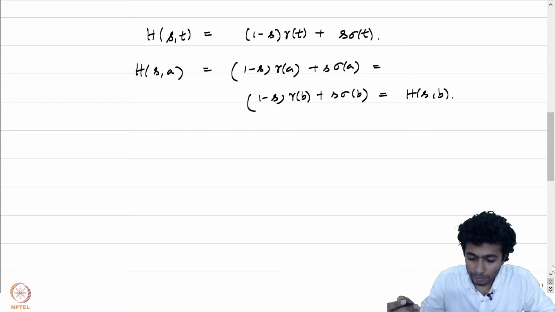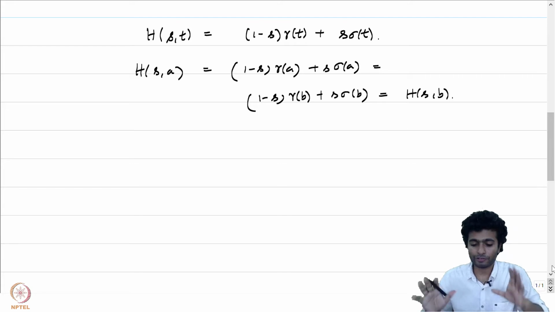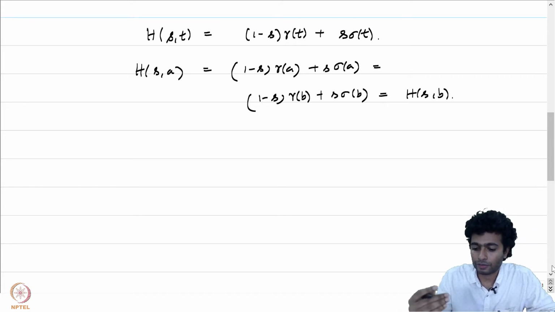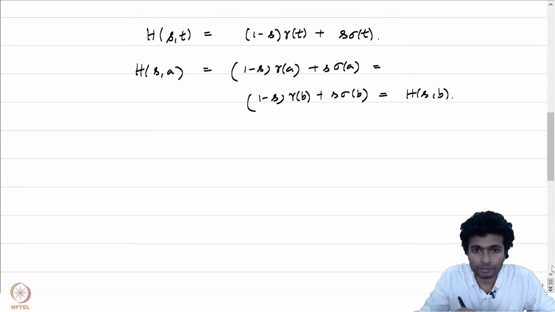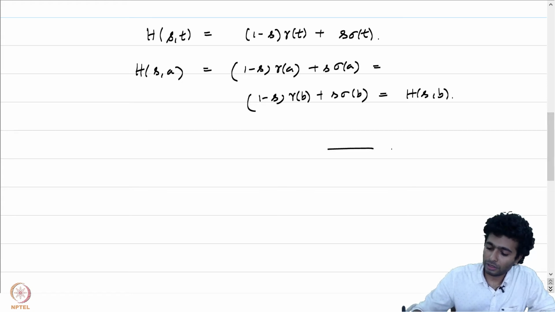H of 0 comma t is equal to gamma of t, and H of 1 comma t is equal to sigma of t. So H is indeed a homotopy as closed curves from gamma to sigma. And with this we conclude the problem.